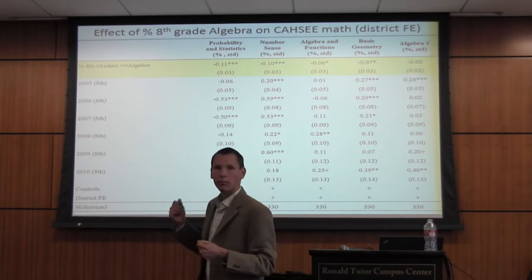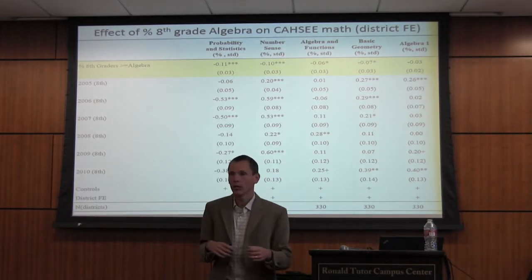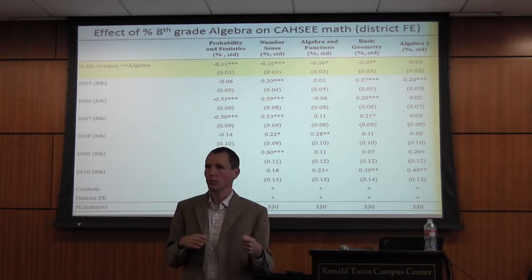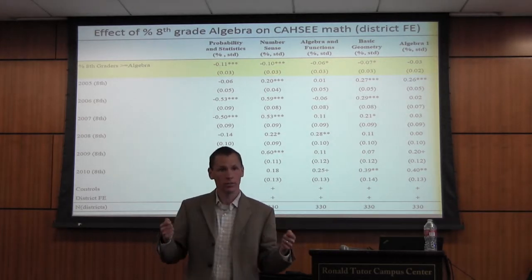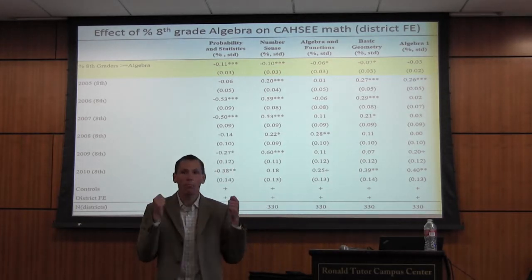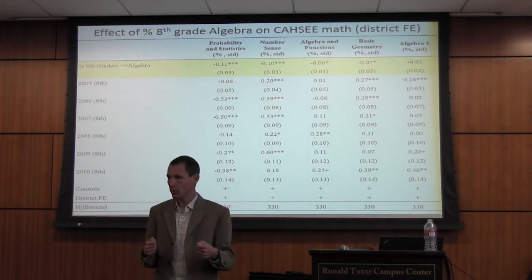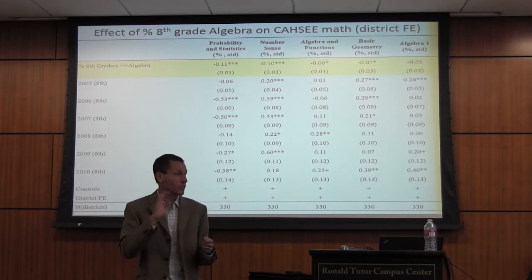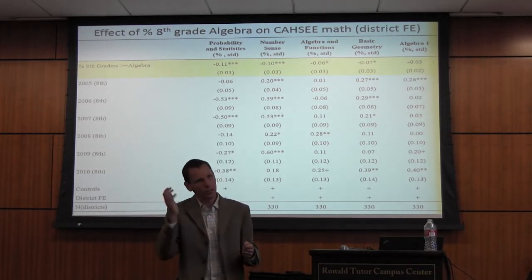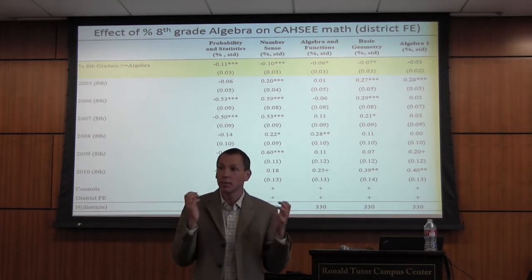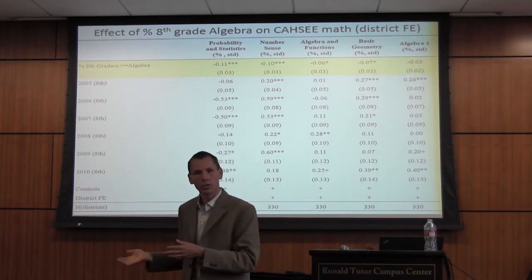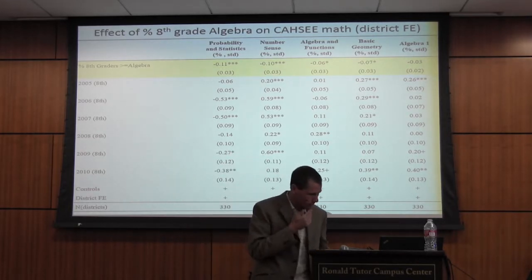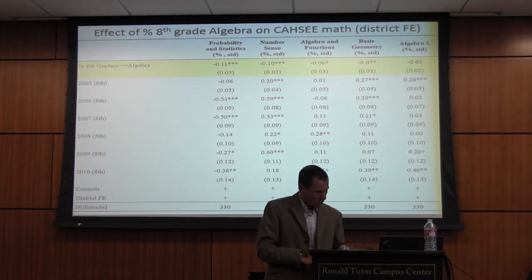And what we've learned by partitioning the sample and looking at it different ways is that the negative effects of a policy to increase 8th grade algebra hit on big districts, but they don't hit on small districts. This isn't just LAUSD, unfortunately. It certainly hits on LAUSD. Take LAUSD out of the sample and the results look the same. But big districts look bad. Small districts, it looks like it's no big deal. It's sort of no effect.